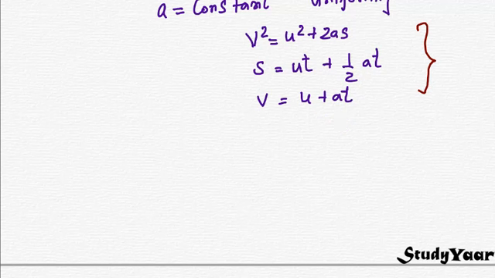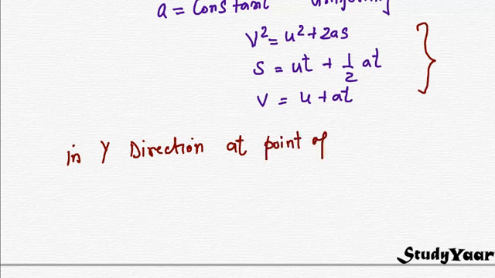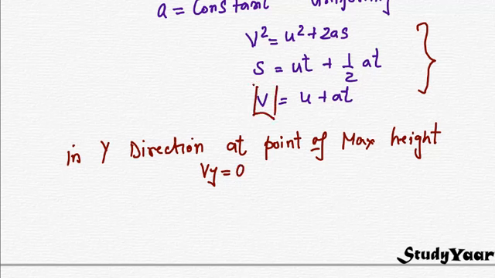I know that in the y direction, at the point of maximum height, Vy is equal to 0. So my final velocity is equal to 0.